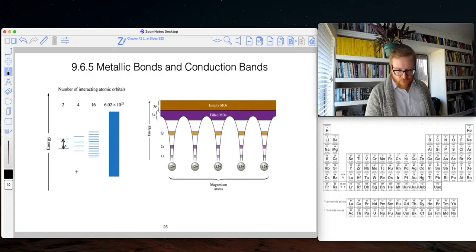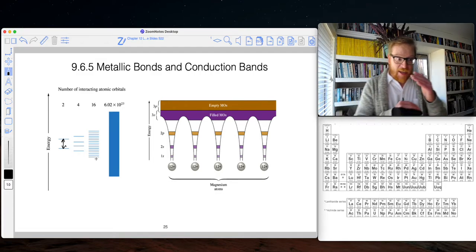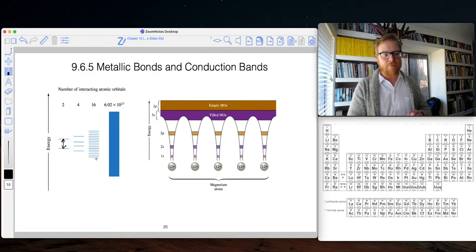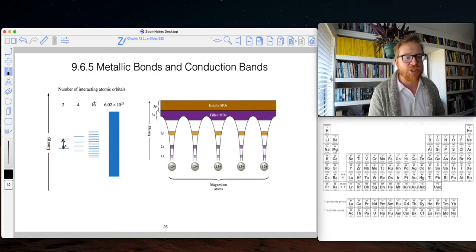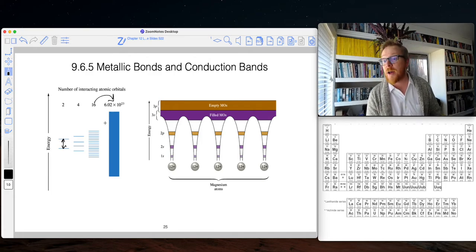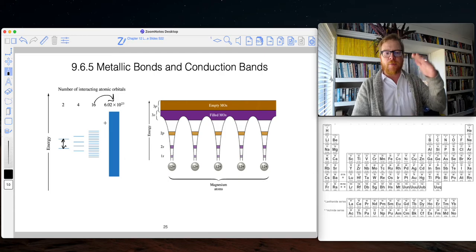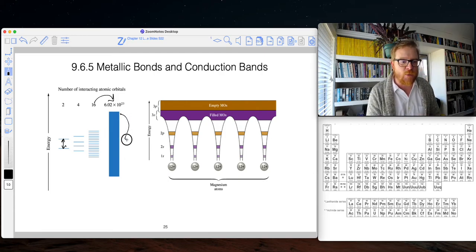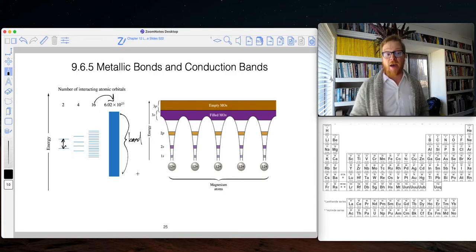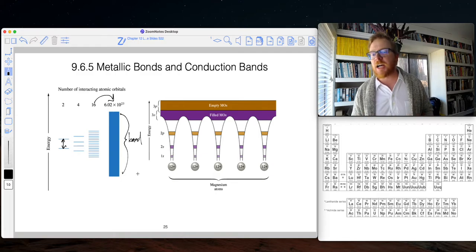And as we add 4, we can see it gets a little more complicated. 16, it gets even more complicated. And you notice that they're getting closer together. But now if we make a wild jump here from 16 to 1 mole, those lines become so tightly spaced together that it makes this continuous band. Okay, so that we could view that as our valence band or our conduction band.